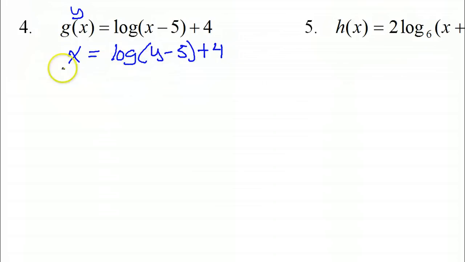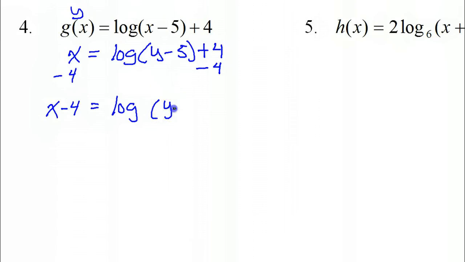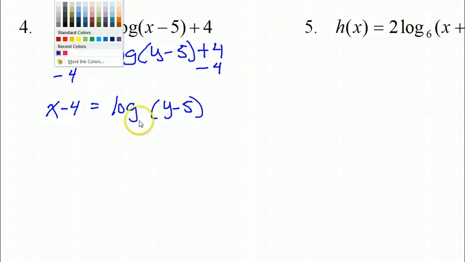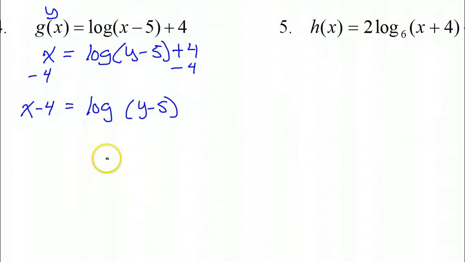But before we rewrite the other form, we need to get the log expression by itself, which just means that we need to get rid of the minus 4. So we will have x minus 4 equals the log of y minus 5. Now here's where you need to remember that this is an invisible base 10, because we're going to need that 10 as we write this in exponent form, starting with the base.